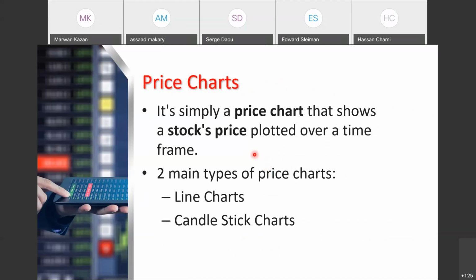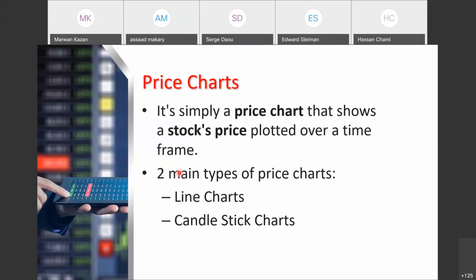Okay, now as we said, we have to look at price charts. So what is a price chart? A price chart is simply the stock's price plotted over a time frame. The y-axis is the price and the x-axis is the time, so it shows how prices move with time.